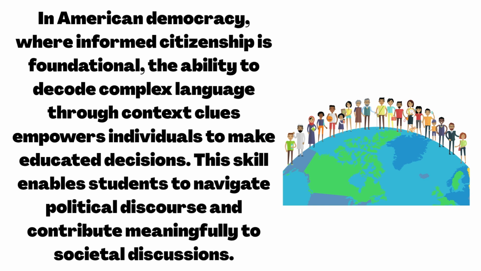In American democracy, where informed citizenship is foundational, the ability to decode complex language through context clues empowers individuals to make educated decisions. This skill enables students to navigate political discourse and contribute meaningfully to societal discussions.